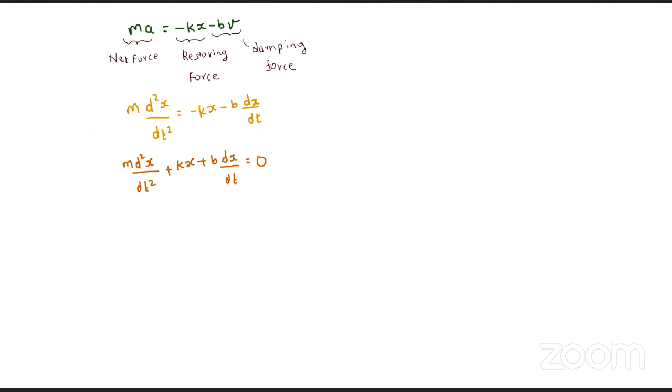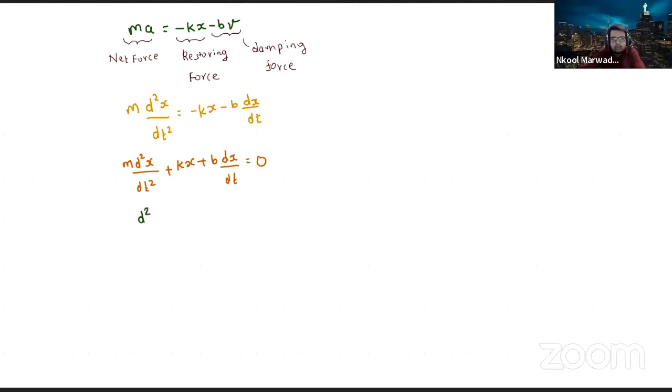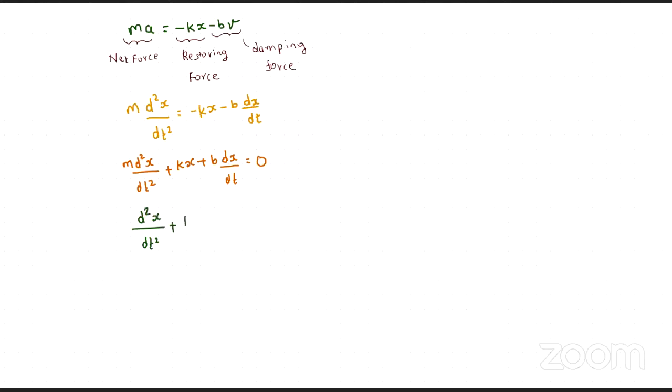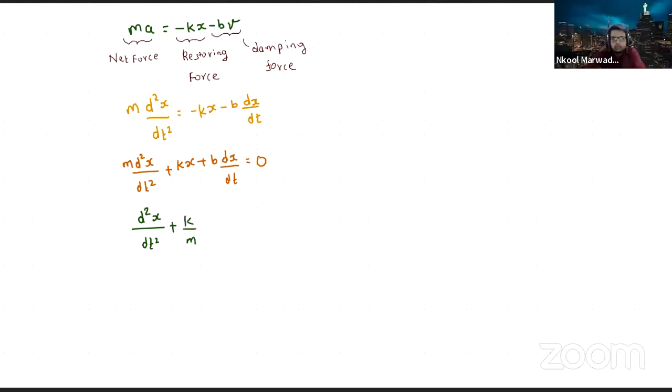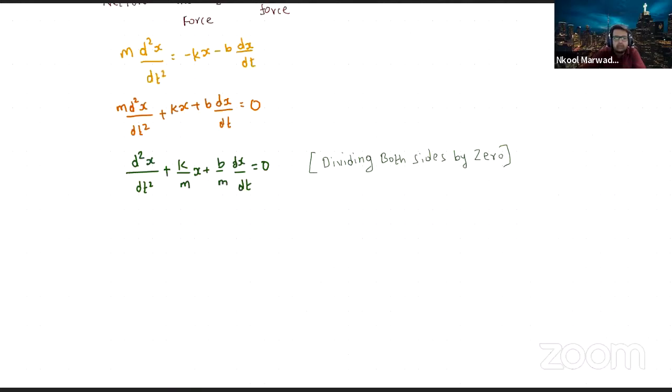I will get d2x upon dt square plus k by m x plus b by m dx by dt equal to 0. Now k is a constant, m is also a constant, so k by m will be a constant and b by m will be a constant. So we will introduce that, and finally I will get a standard equation, that is the equation for this damped oscillation.